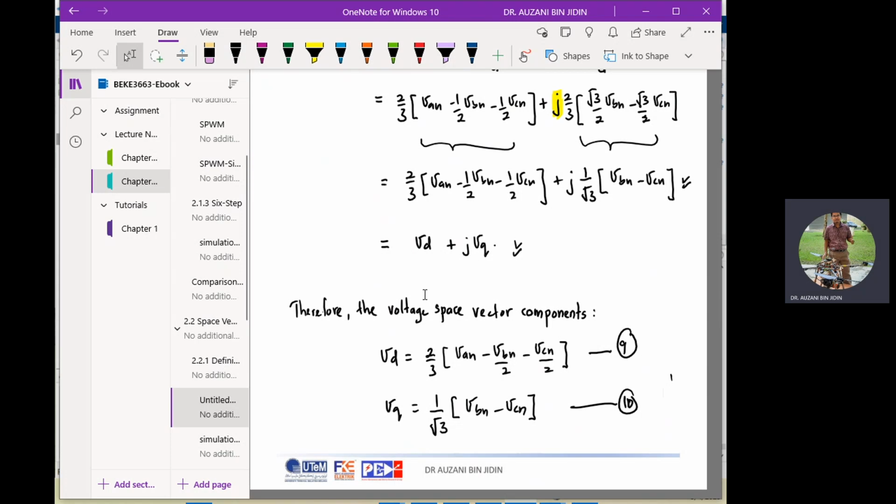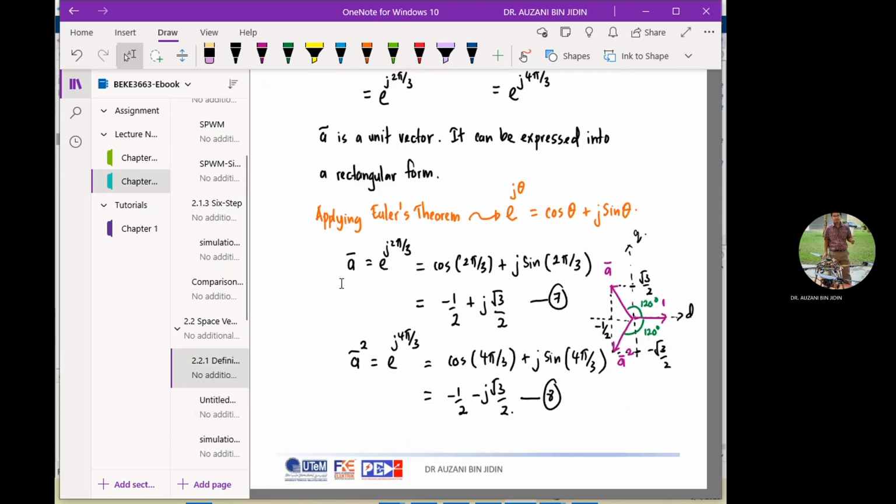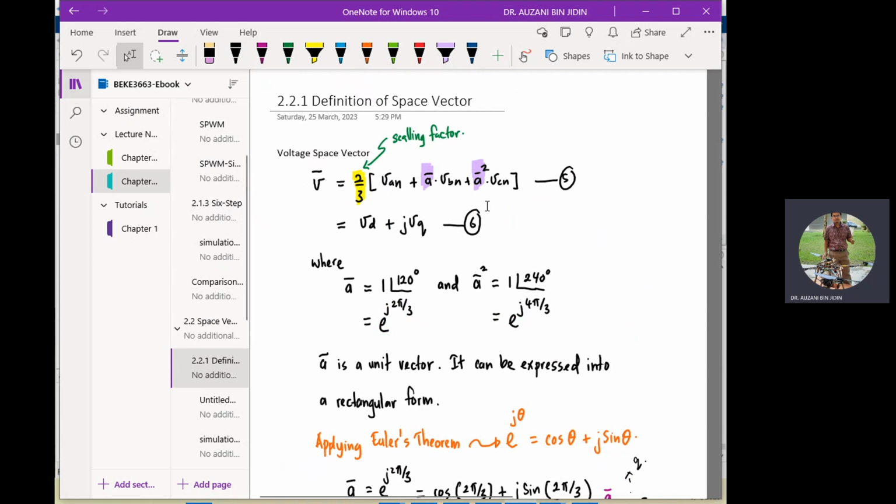So make sure you know the process to derive the space vector voltage components VD and VQ, starting from equation number 5. You must apply Euler's theorem to write the unit vector A in rectangular form.